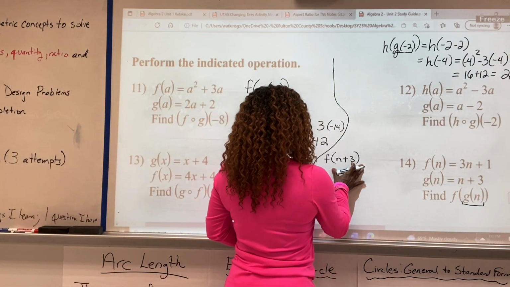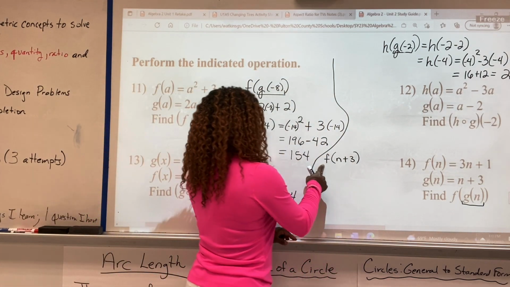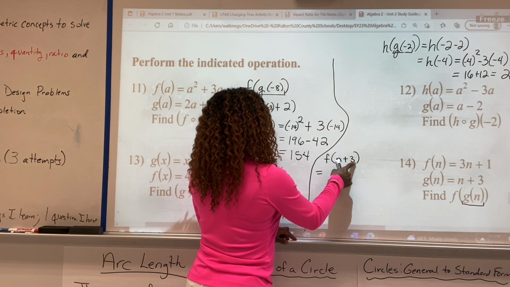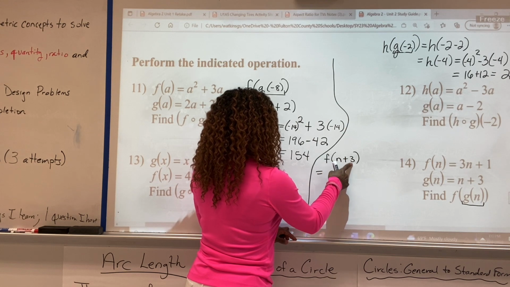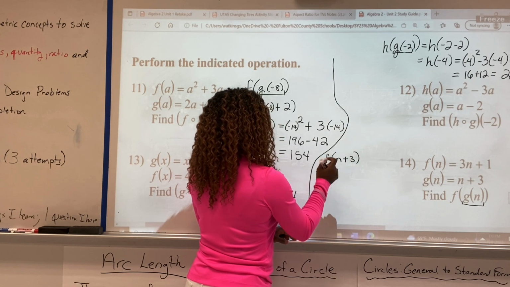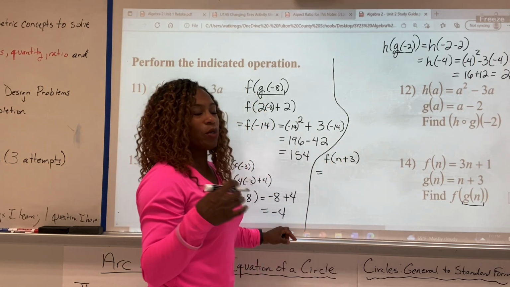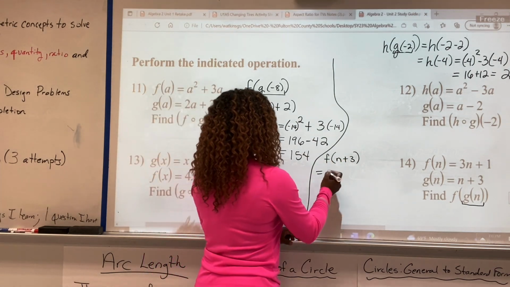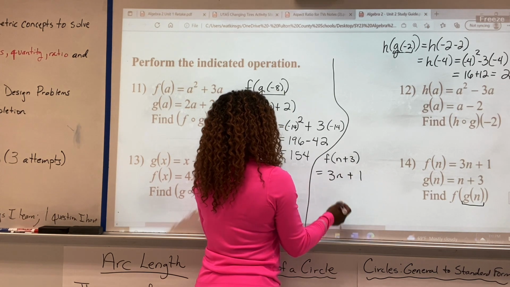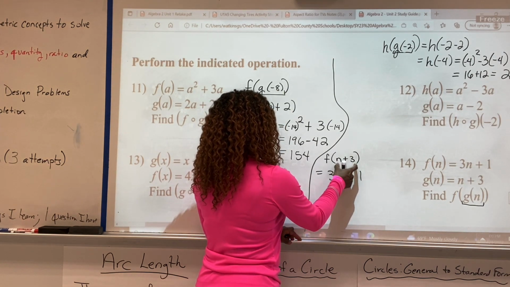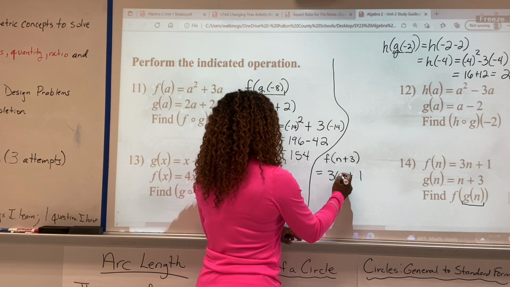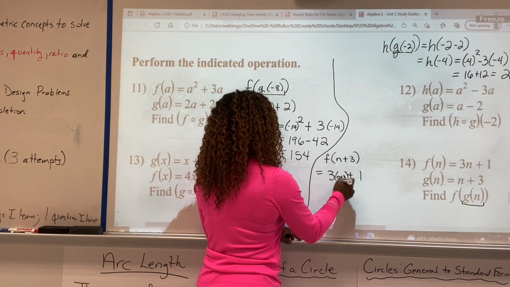But what it does tell me is that when I write my f function, I need to do f of this expression. That means wherever I do have a variable in my f function, I'm going to replace it with this expression. So let me do this. I'm going to write the f function out, which is 3 times n plus 1. I've got to replace the variable with what's in here. So I have to replace this n with n plus 3.